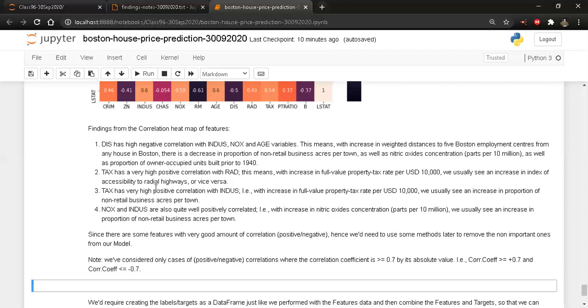The fourth is that NOx and Indus are also quite well positively correlated. This was the last point I thought of writing, because this is also very interesting and important.